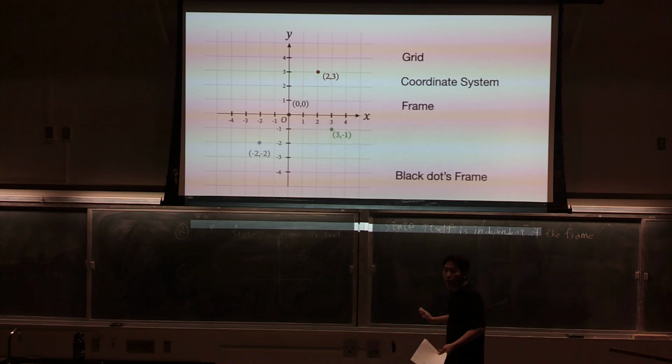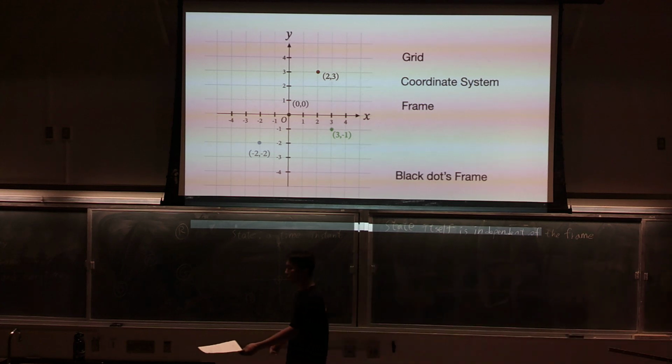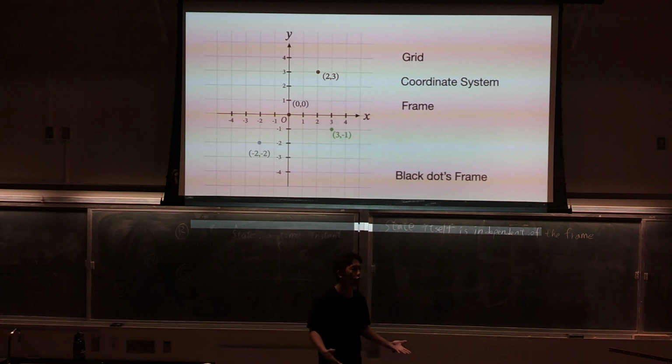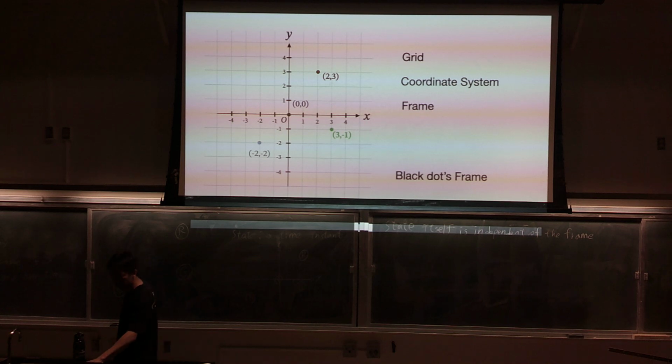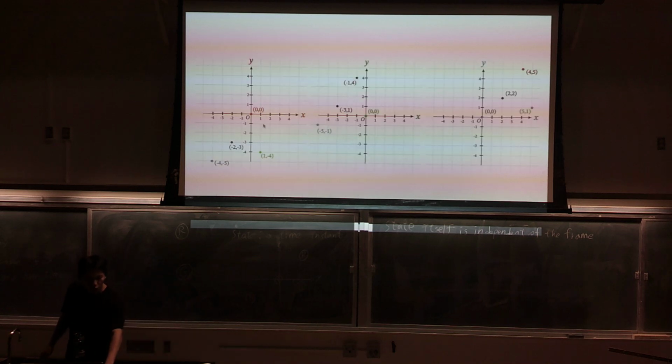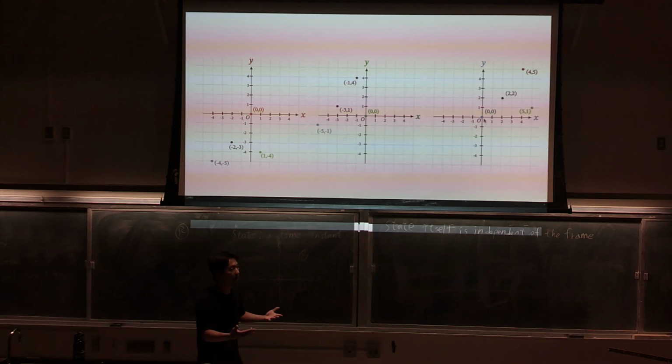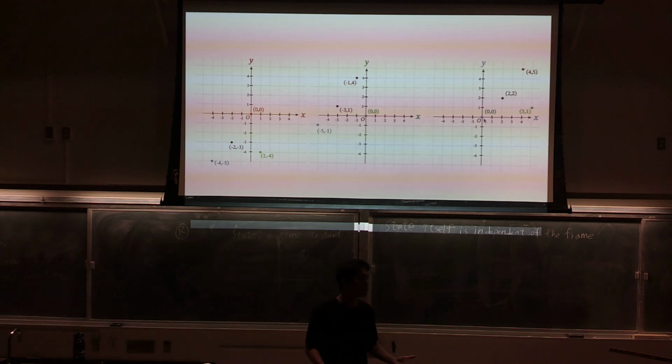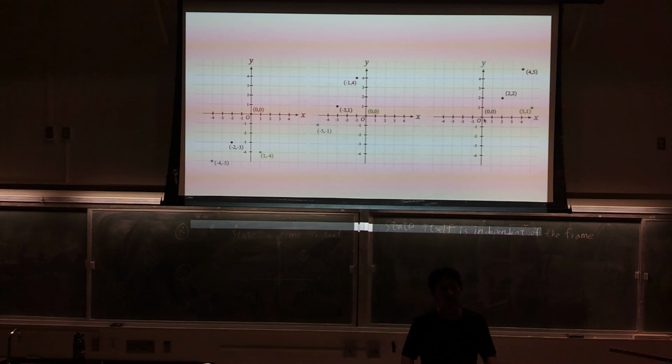We can choose any frame to describe this state. There's no specific reason that we should choose the black dot frame. Like, we can choose the red dot frame, the green dot frame, and the blue dot frame. There's no good or bad or right or wrong. It's just something we impose to help us describe the location.